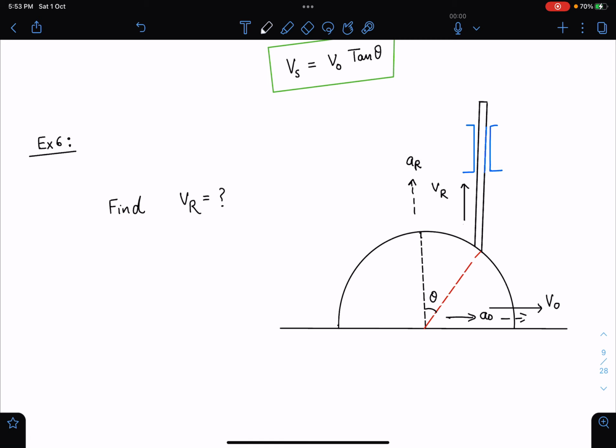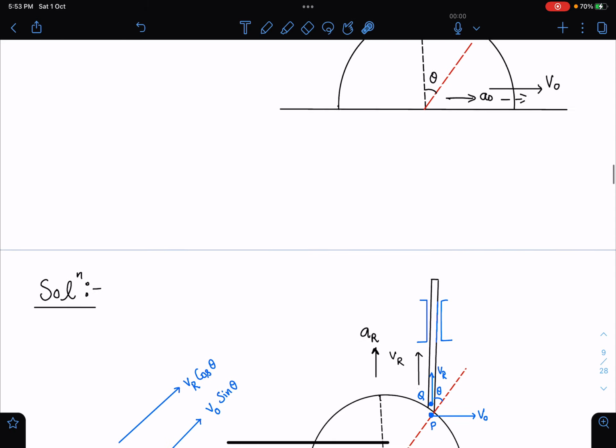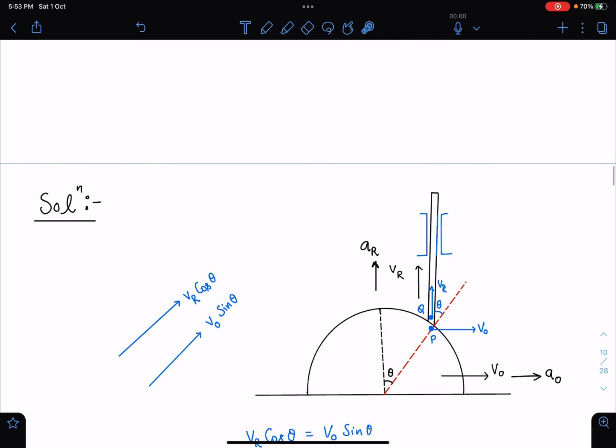All right. So there are again 2 methods. We can use geometry, or we can use along the common normal, velocity components must be same. So let's discuss this. Here, you choose 2 points, 1 point on the sphere, 1 point on the rod. This rod is moving upward, so its velocity is VR, and we can choose this point here, and its velocity is in horizontal direction, that is V naught.